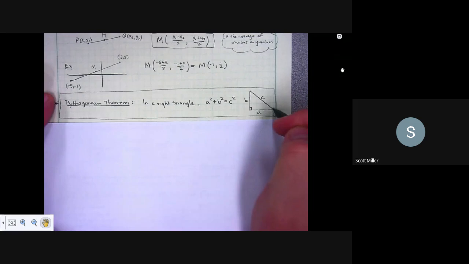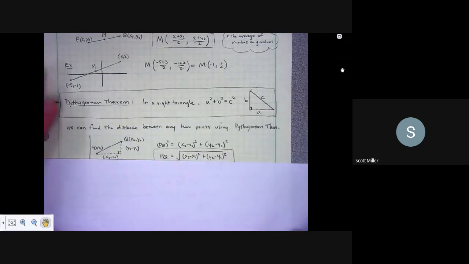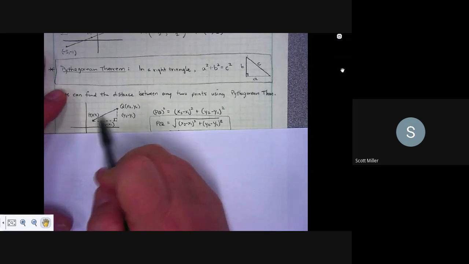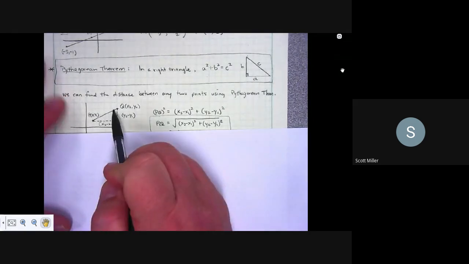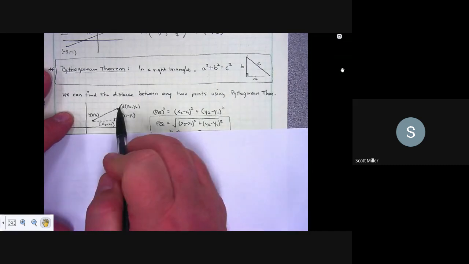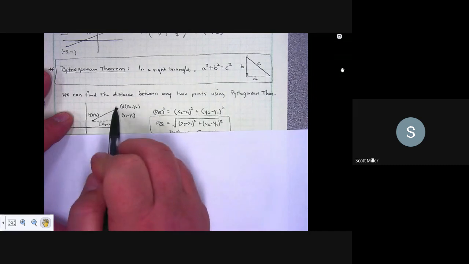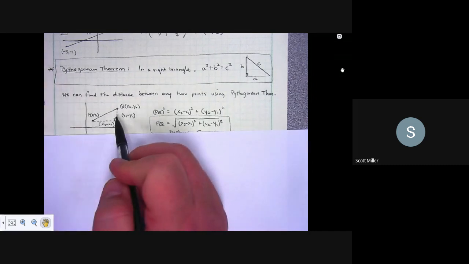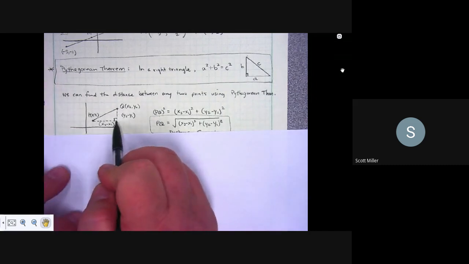So what they've done to find the distance between here and here: if I have a segment I want to find, that literally becomes the hypotenuse in the right triangle. So whatever segment you have, they'll give you the two endpoints, you draw that, and then you can make a right triangle. And because I have the right triangle, what is the distance of this side?